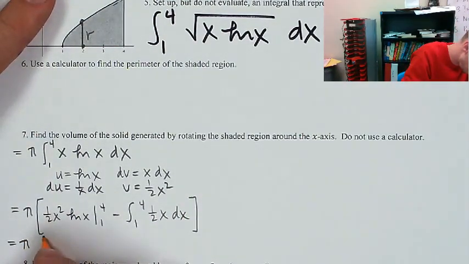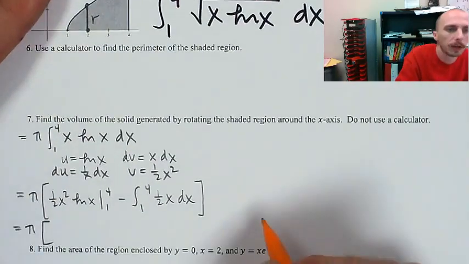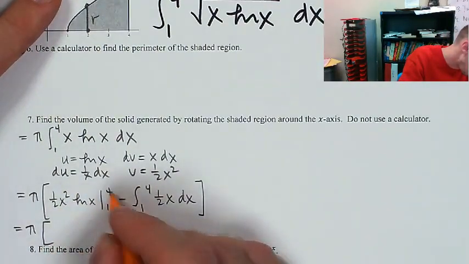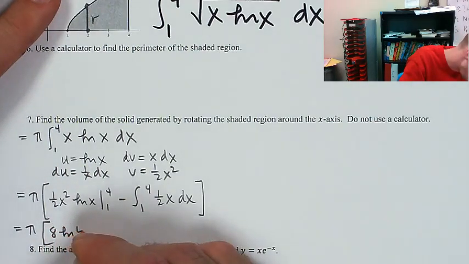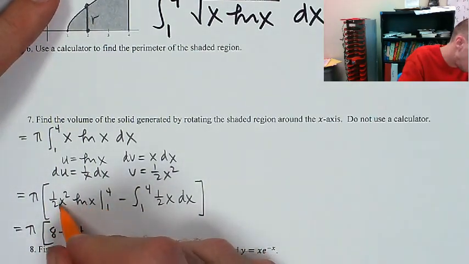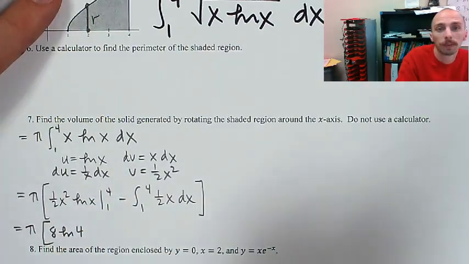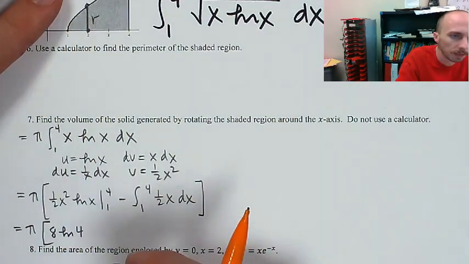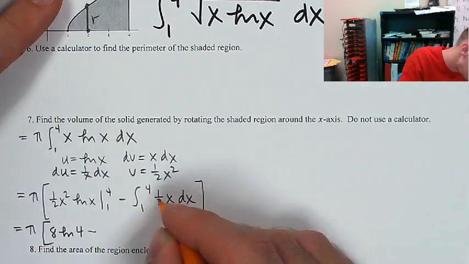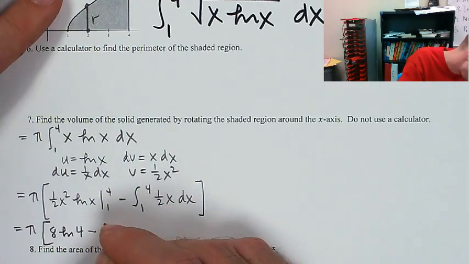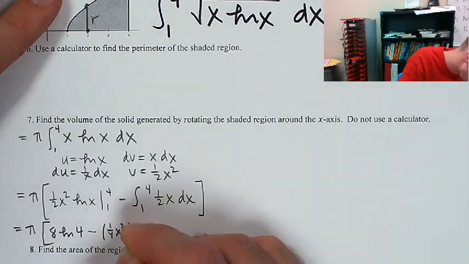I'm going to do a little more work here before I jump back up to the top, and that would be 1/2 of 16 is 8 log 4. When I plug in 1, I'll have a half of the log of 1. The log of 1 is 0, so I'm just going to leave that as it is. And minus, I need an antiderivative for 1/2 x. That would be 1/4 x squared as x ran from 1 to 4.